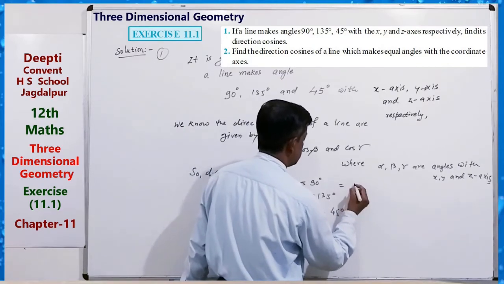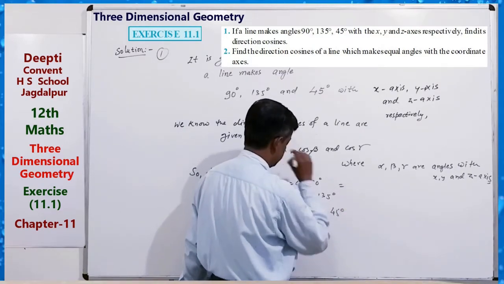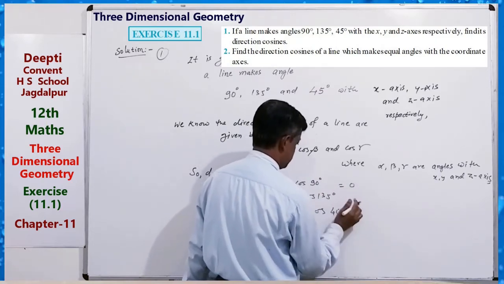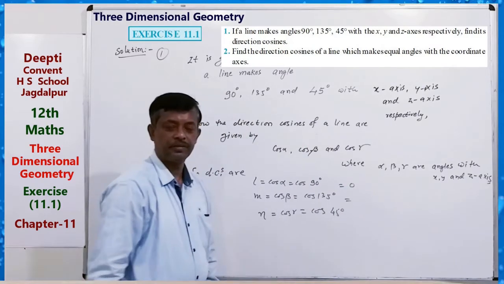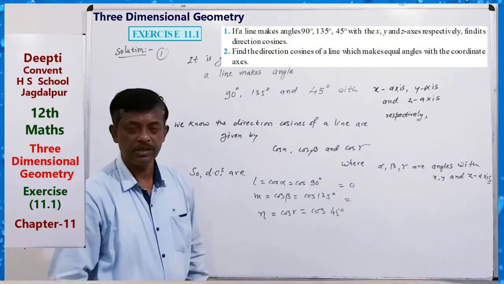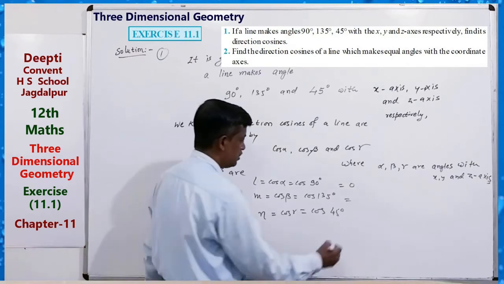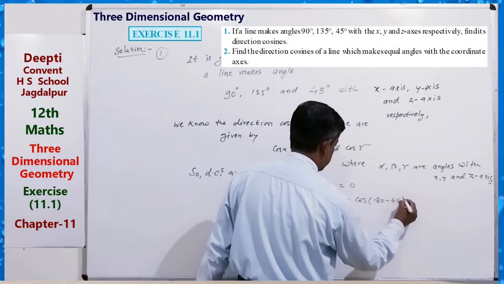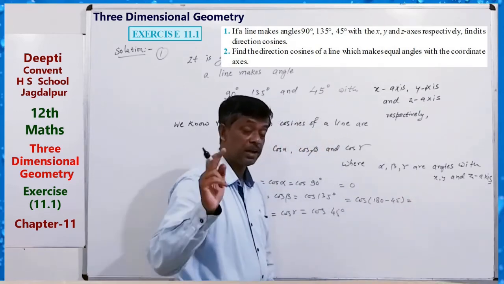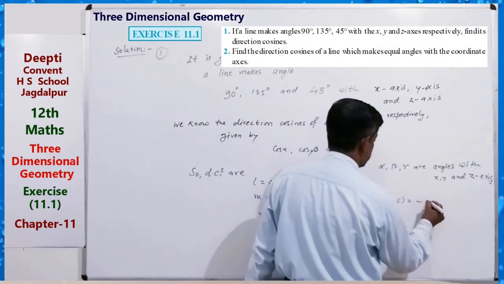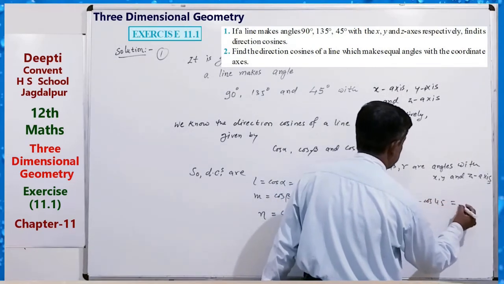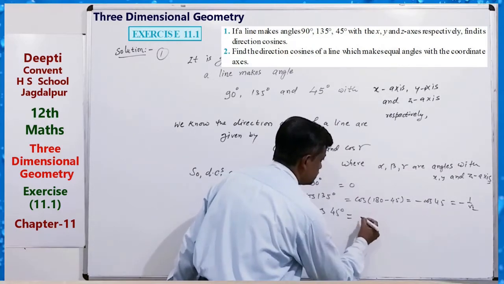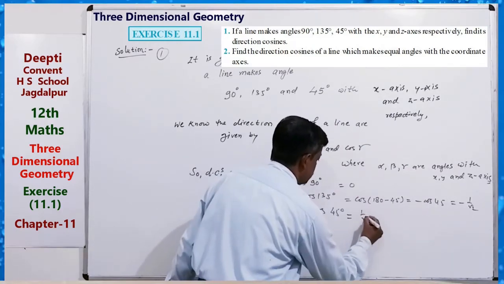That is cos 90, 0, cos 135. What is the value of cos 135? Cos 135 we can write as cos of 180 minus 45, that means minus of cos 45. Minus of cos 45 means minus of 1 by root 2, where cos 45 means 1 by root 2.